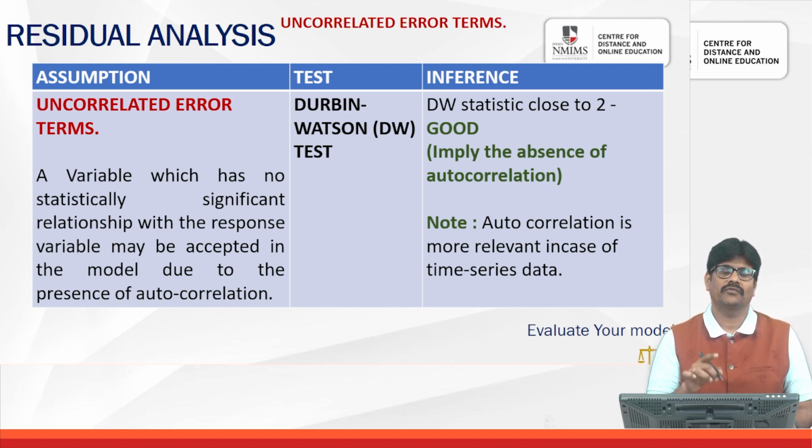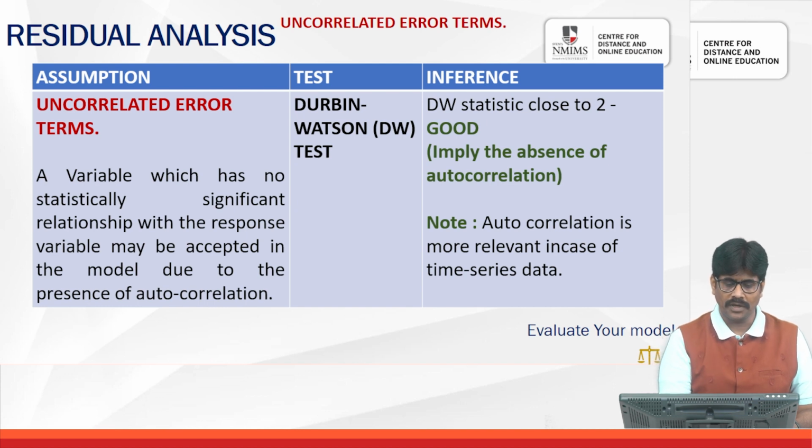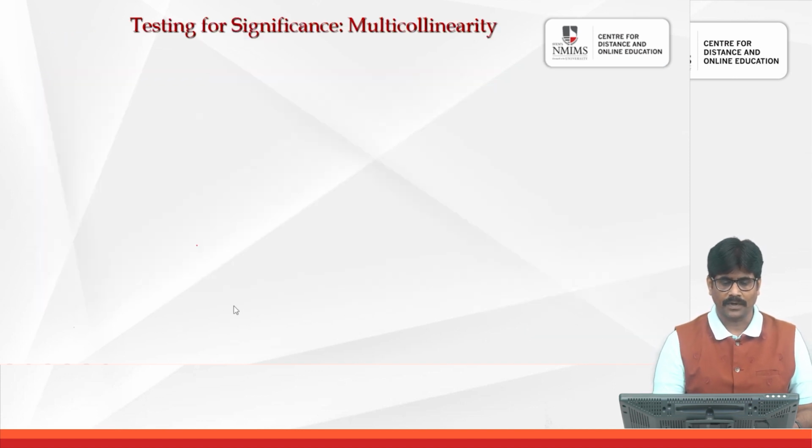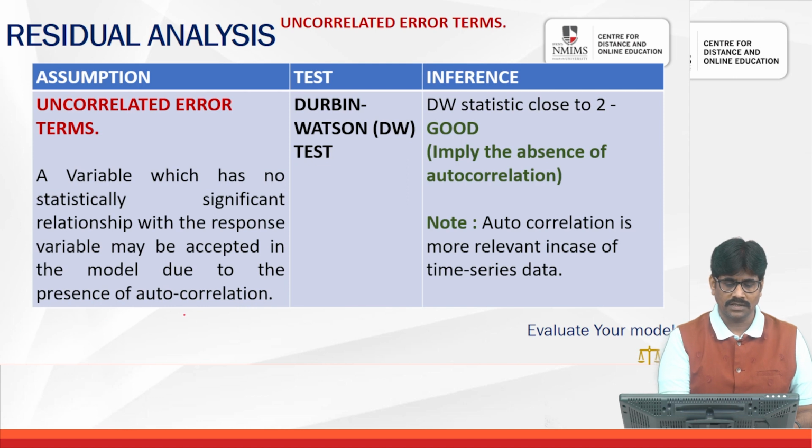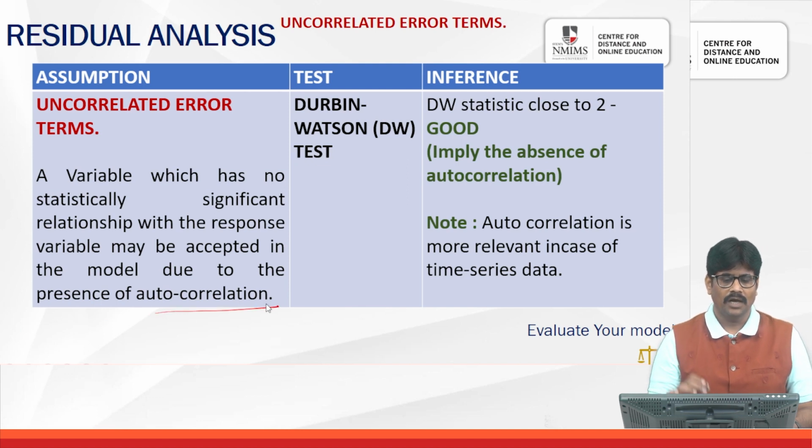How do we check whether errors are independent or not? We have something called the Durbin-Watson test. Before that, the phenomenon is called autocorrelation. What is autocorrelation? A variable which has no statistically significant relationship with the response variable may be accepted in the model due to the presence of autocorrelation.